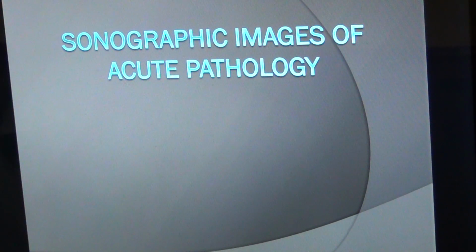Rubor means redness, congestion. So in acute infection, there is congestion of the organ because of hypervascularity. Because of this congestion, the organ gets more juicy. Juicy means edematous, because of too much watery material inside the organ.